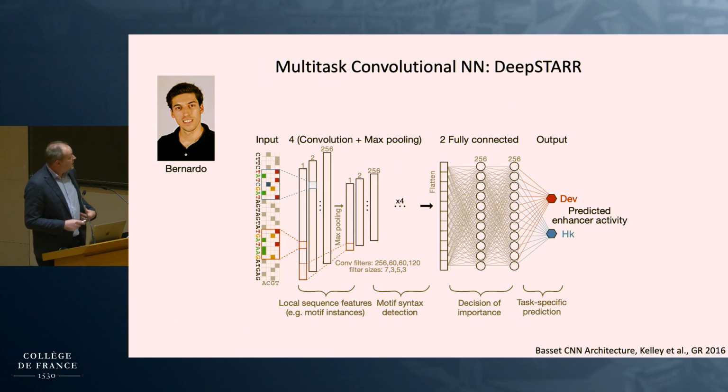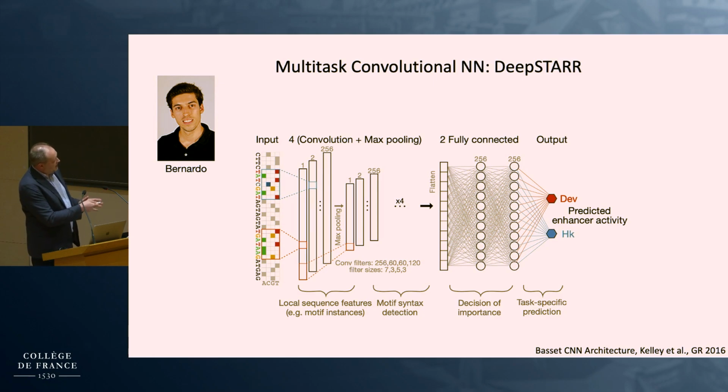And so Bernardo Almeida, this new PhD student that brought AI to the lab, decided to build a convolutional neural network that he called DeepSTARR to directly model the relationship between the DNA sequence and developmental or housekeeping type enhancer activity.